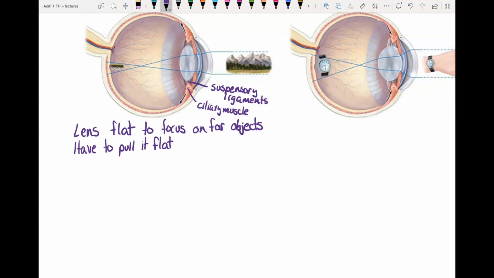So in order to pull the lens flat, the suspensory ligaments pull it. This is the part that gets a little confusing though. In order for the ligaments to pull the lens, the ciliary muscle relaxes.